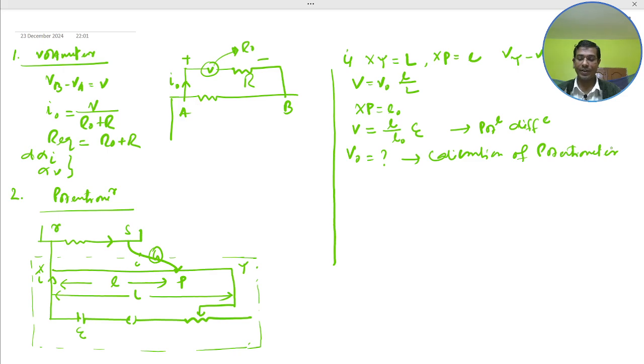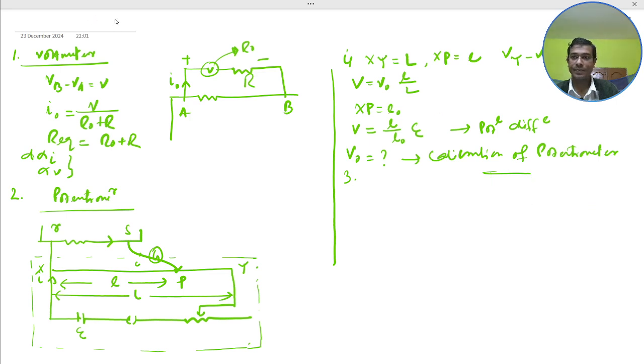Next one, the arrangement for comparing the EMF of two batteries. I just draw here the setup for a better understanding. First is this EMF, battery 1, and this is battery 2.